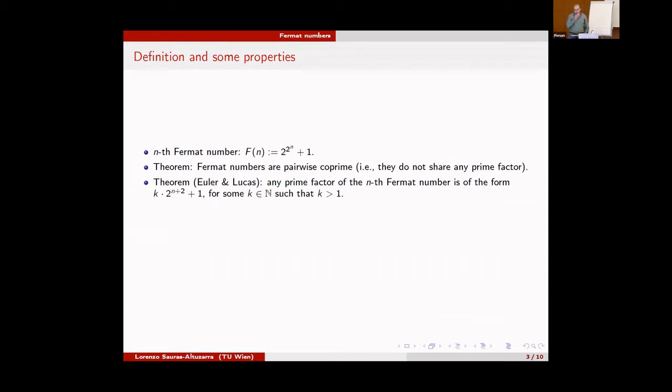Another, originally by Euler and later improved by Lucas, is that we can always express their prime factors in the form k multiplied by 2 to the n plus 2, plus 1.